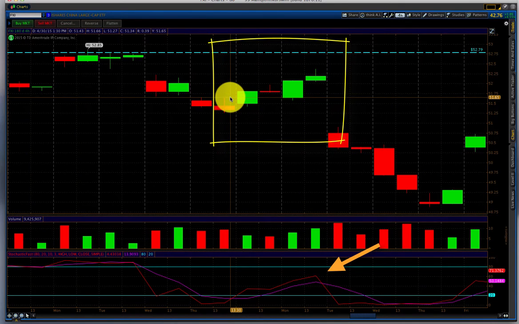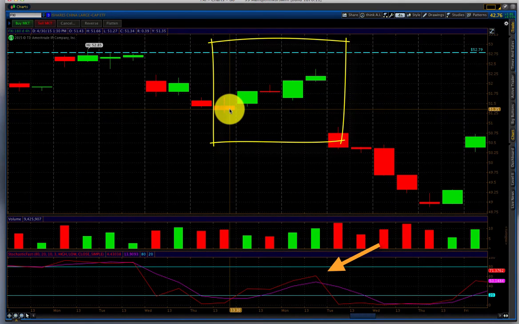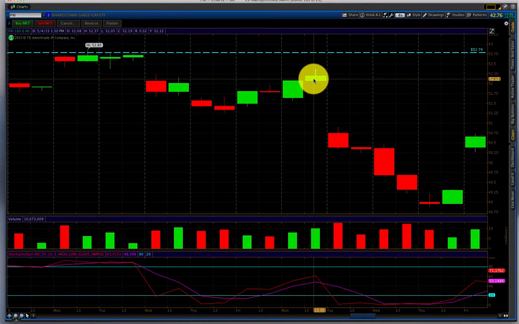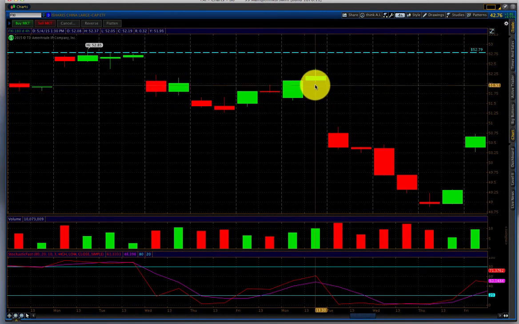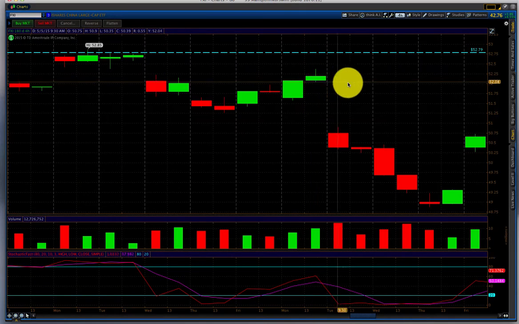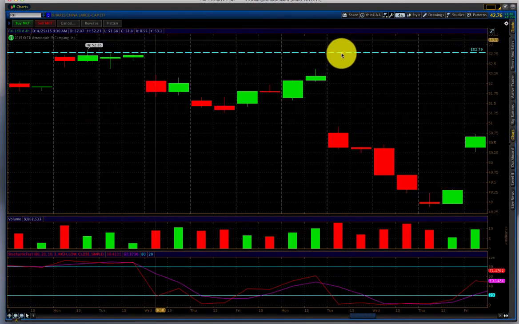So 51.35. Yeah, that's a small scalp. This gap down is tricky, but if you can catch it, it looks like the cross might be late, but very interesting.